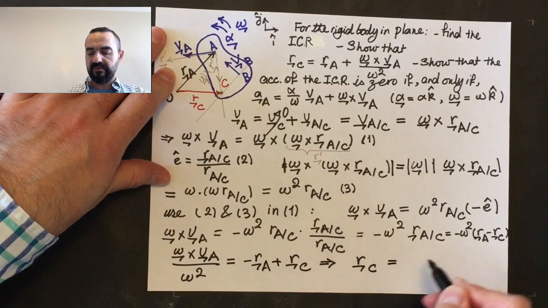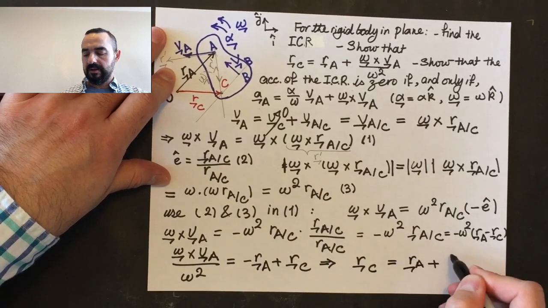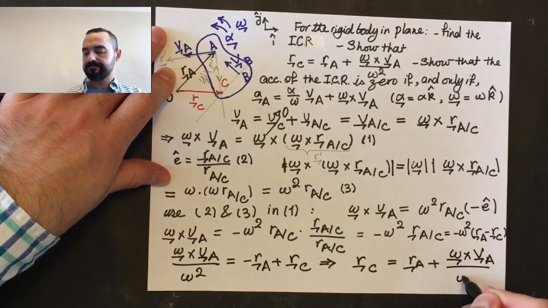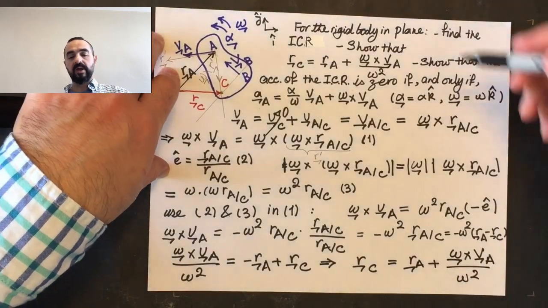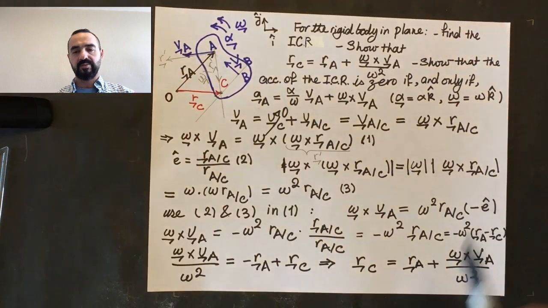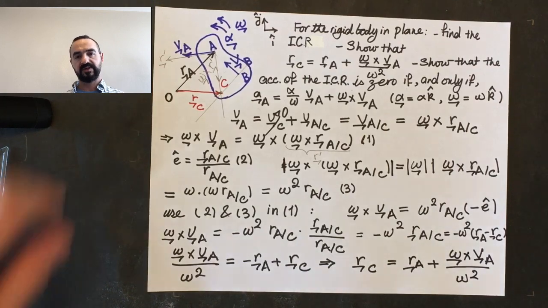So I end up having RC equal to RA plus omega cross VA over omega squared. And that was our end goal. So we have shown that this relationship is true, and this is how we relate the position vector of C to the position vector of A.